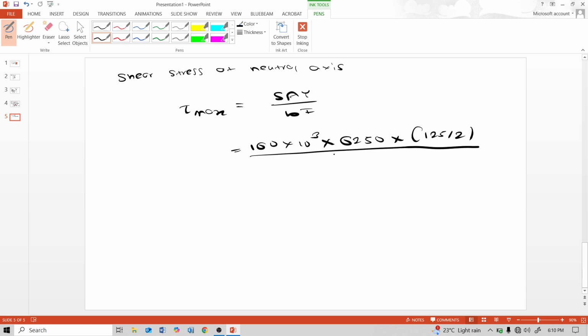And divided by b, which is 50 mm, and I is 53.12 into 10 raised to 6. This is the maximum shear stress at the centroidal axis for that T section: 125 divided by 2 multiplied by 6250 multiplied by 160 multiplied by 10 raised to 3 divided by 50 multiplied by 53.12 into 10 raised to 6, which is 23.53 Newton per mm square.